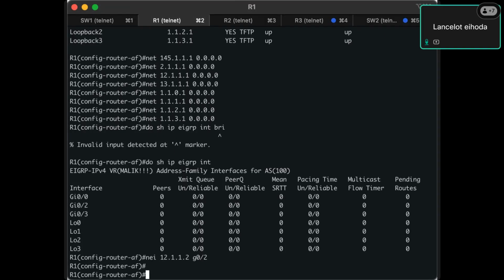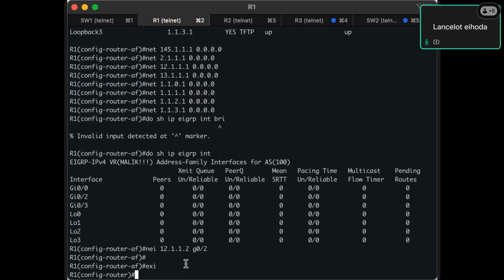But then we have another interface on that router that is in AS 200, which is gig 0/9. Am I correct? Yes, and that is in our autonomous system, so I'll have to exit from this router's interface.